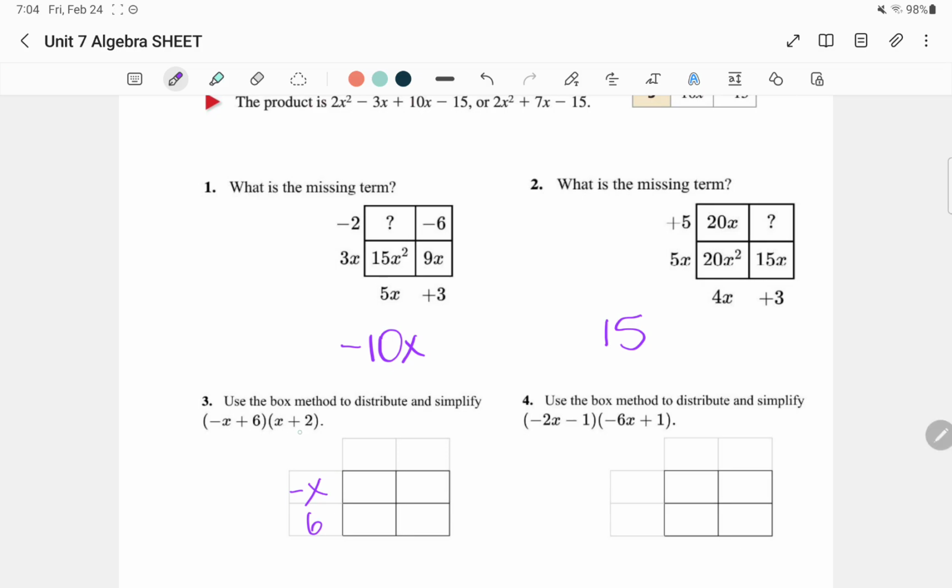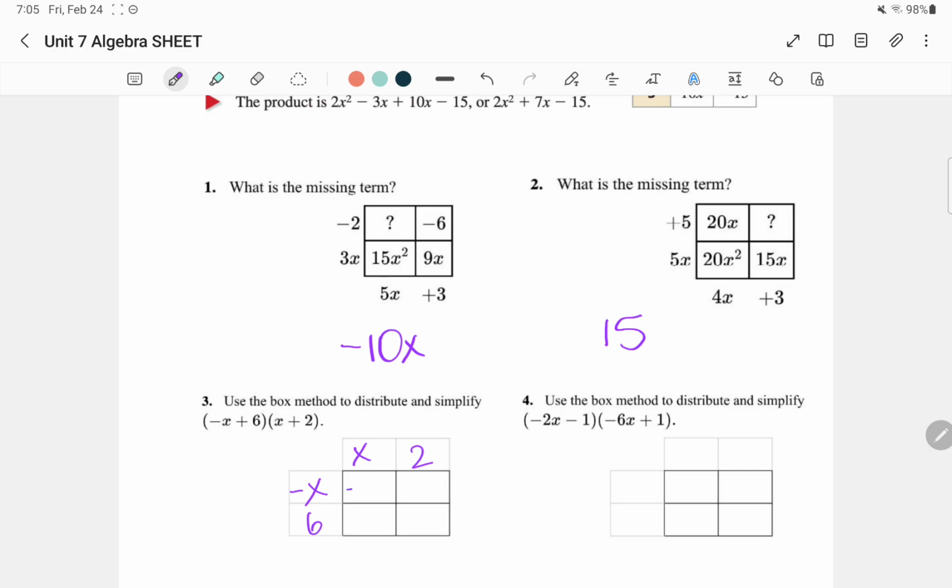And now I have x plus 2, so I need to break that up onto my other side of the box, which is going to be the top. So I'm going to put x right here and 2 right here. See how I'm just breaking it up into the terms. Again, -x plus 6, the two terms are -x and 6. And with x plus 2, my two terms are x and +2. So now I'm going to multiply. What is -x times x?